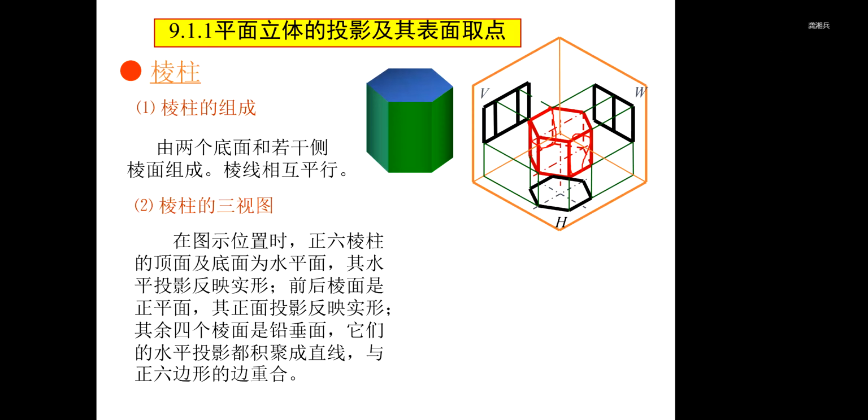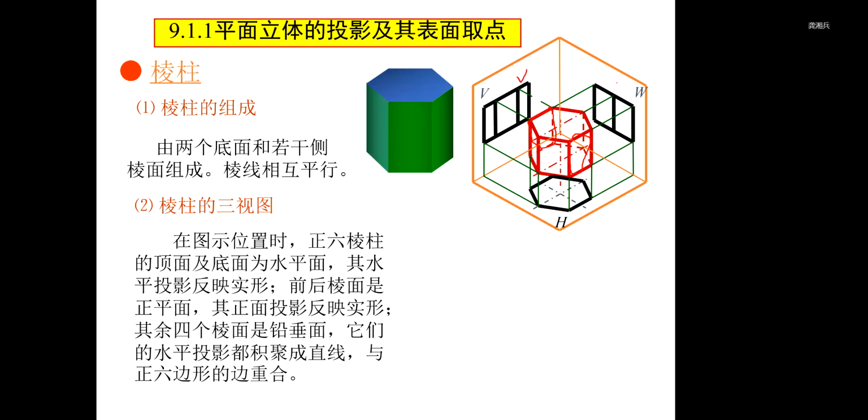We have the horizontal plane. We have the perpendicular plane. When we talk about the horizontal plane, the parallel plane is a special perpendicular plane, because a parallel plane is at the same time perpendicular to two projection planes. Just like this plane, this one is a horizontal plane.